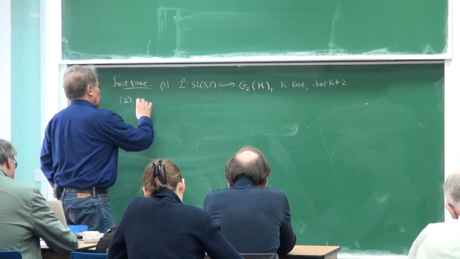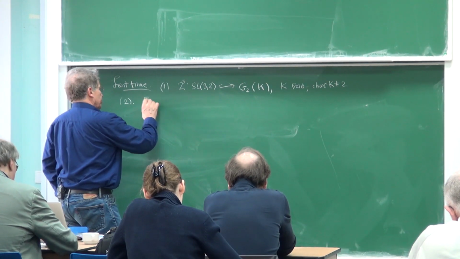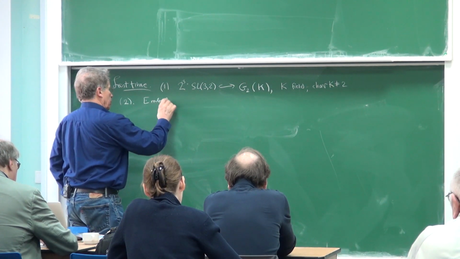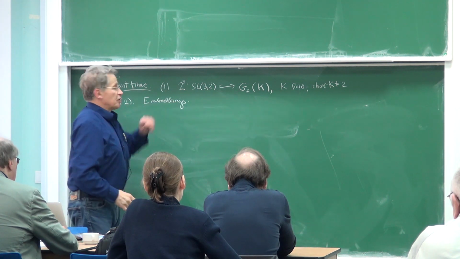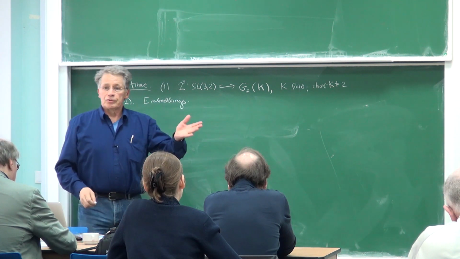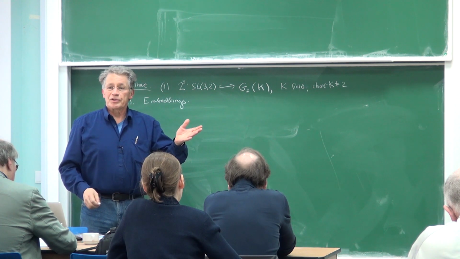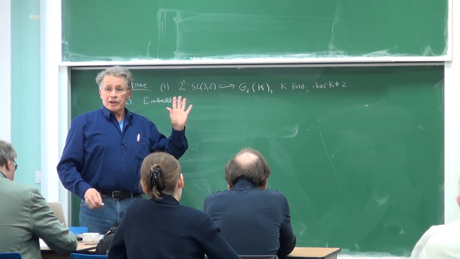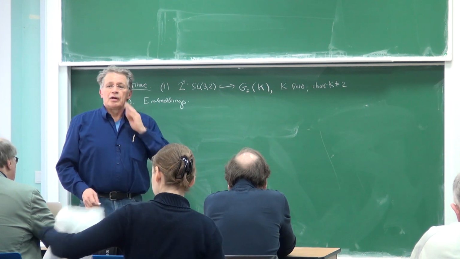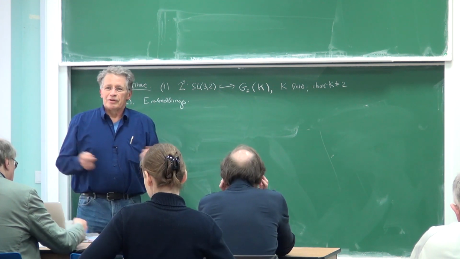Second, last time we discussed embeddings. So this is also a non-split extension? Yes. Now, the proof that it's non-split is an additional thing that has to be proved. But I wasn't attempting to prove that last time. But I've written quite a bit on that subject.